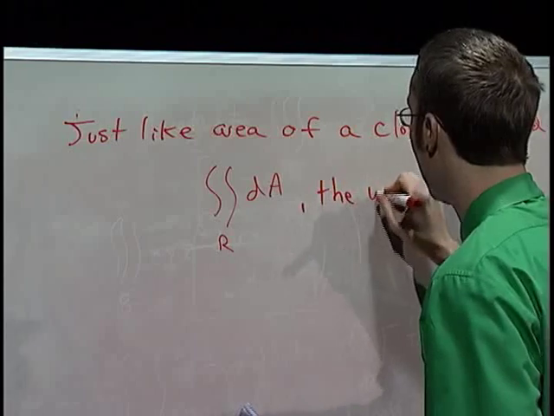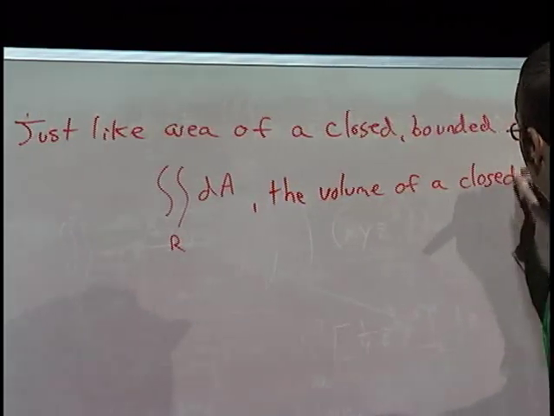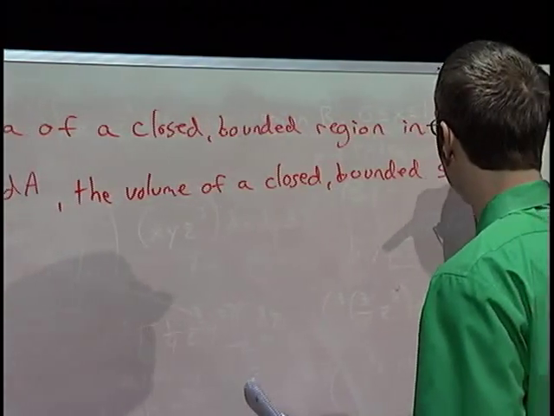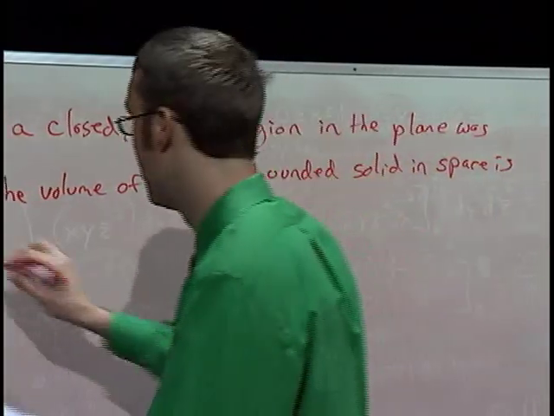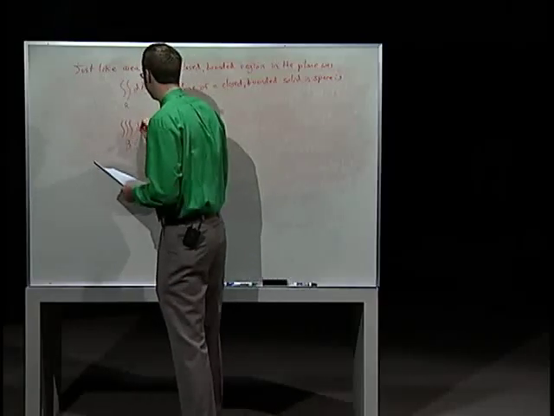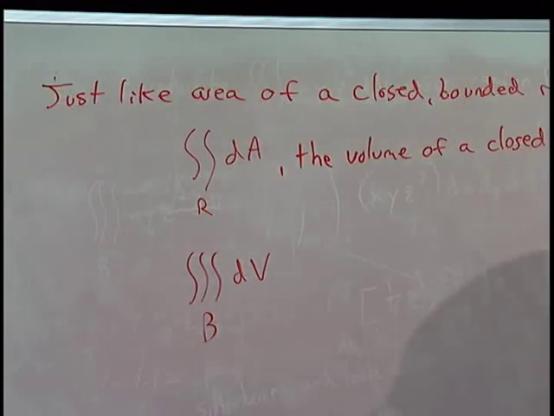The volume of a closed bounded solid in space is the triple integral over B of dV, right? So we're just integrating the function 1 over the region B. B stood for a box in our previous example, but we're going to see that B need not be a rectangular box-like structure.